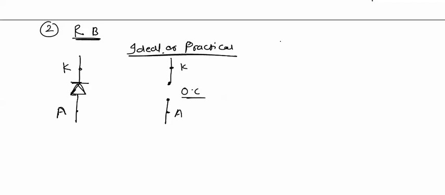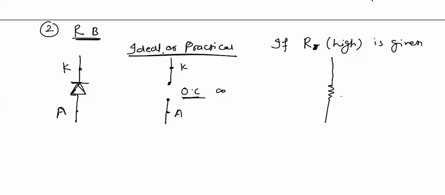And next case is if diode is little bit conducting, means it is offering a very high impedance. In case of open circuit, impedance is infinite, but if it is offering a finite resistance which is given in the problem, that is reverse resistance RR, which will be very high, then we will have to replace this diode with this resistance RR.